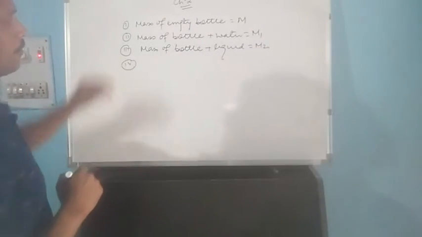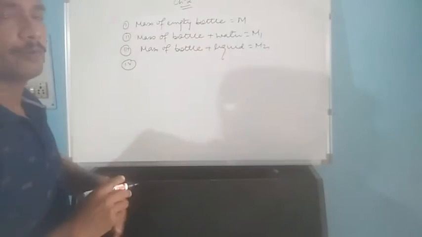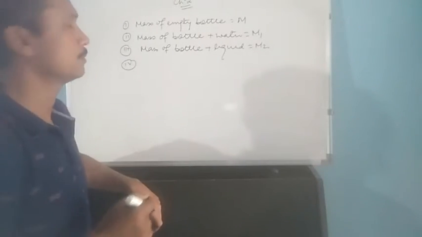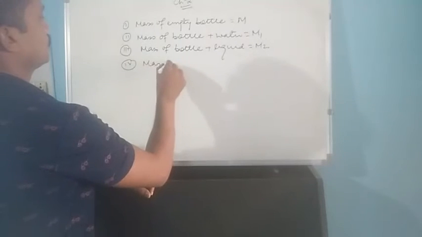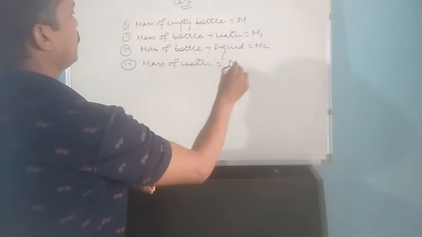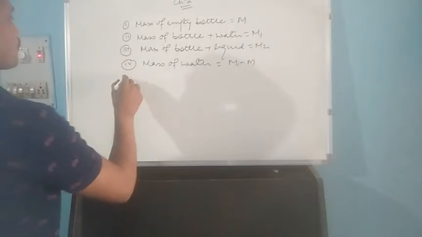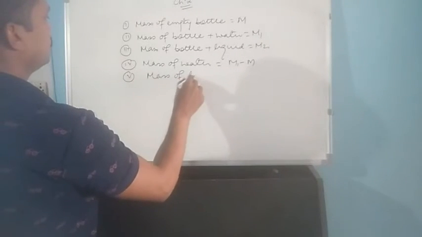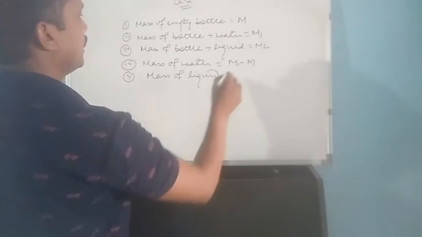Next we can subtract the mass of empty bottle from bottle plus water and bottle plus liquid one by one to get mass of liquid and mass of water. So mass of water can be written as m1 minus m and mass of liquid is equal to m2 minus m.